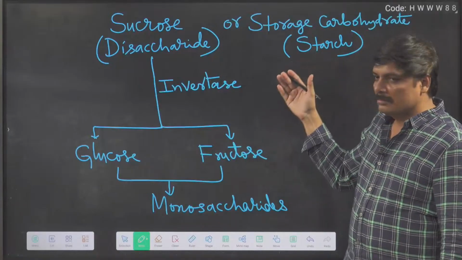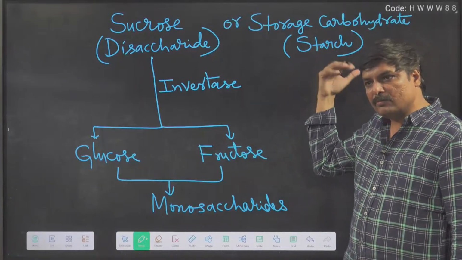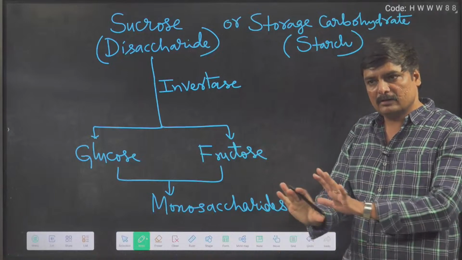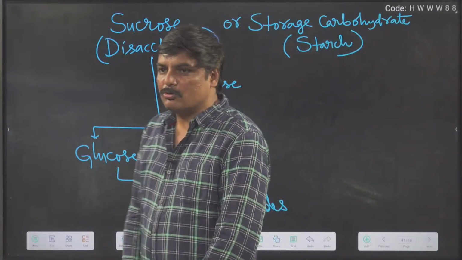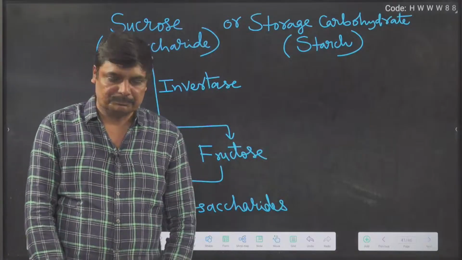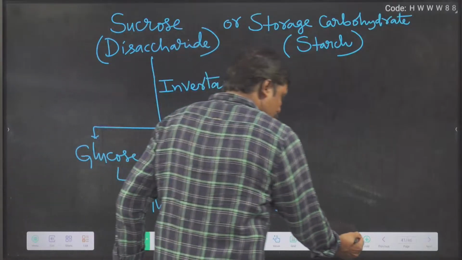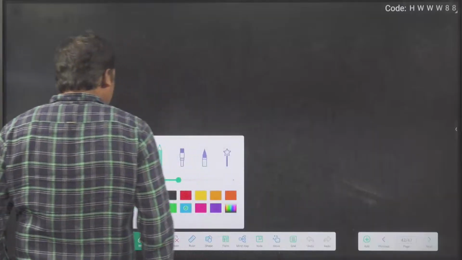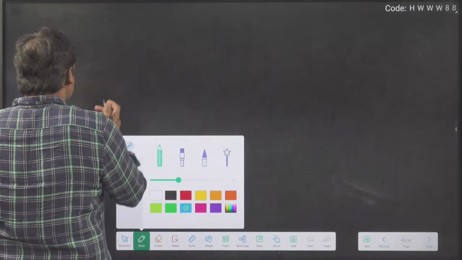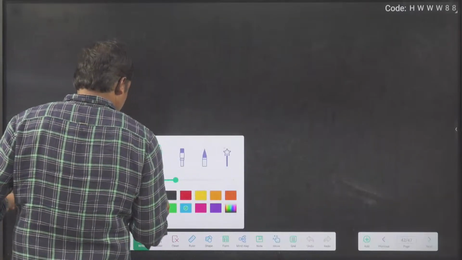Similarly, glucose is also formed from the starch. Okay, that's all. Now let us see how this glucose breaks down. As I said, the substrate is glucose.